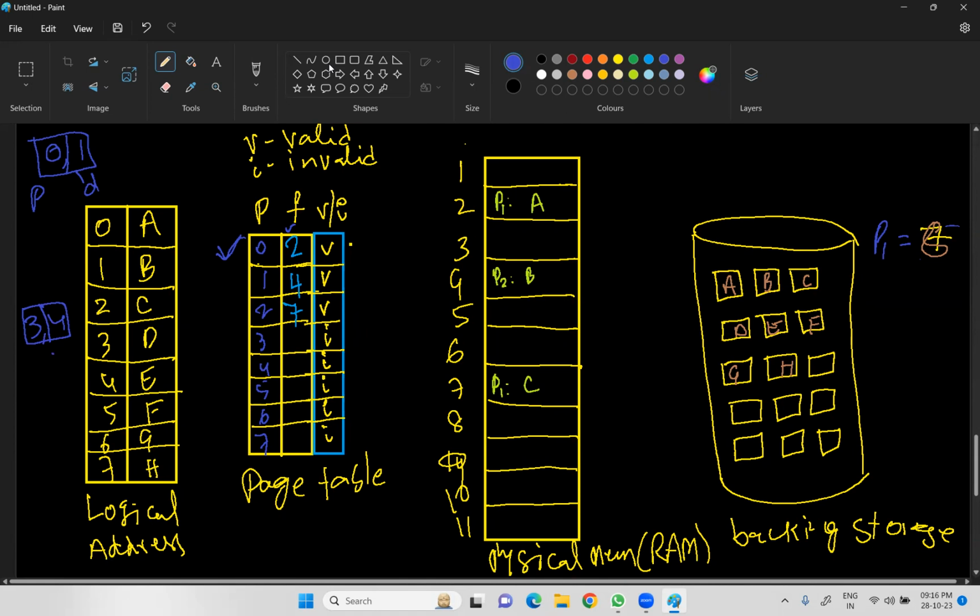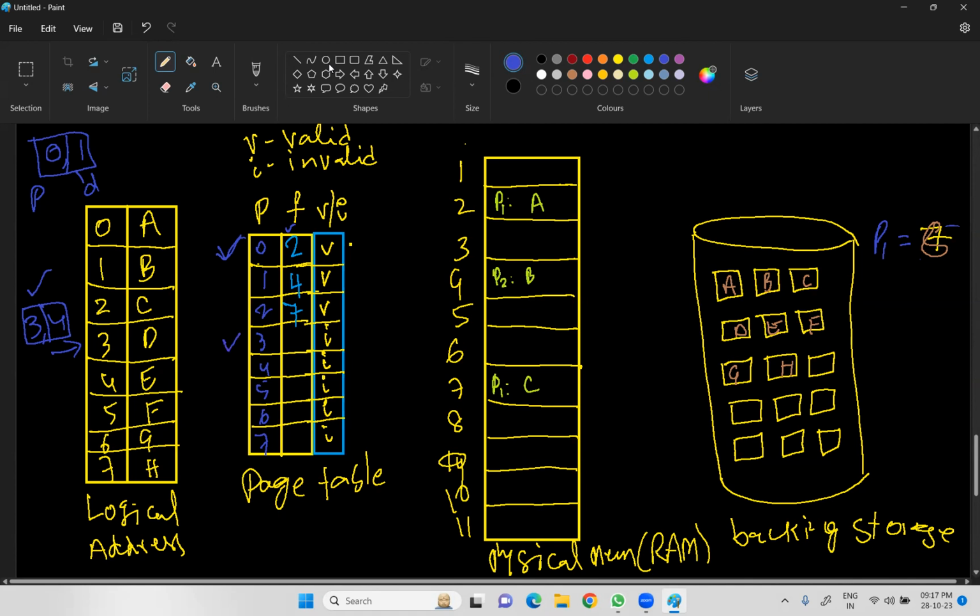So look at this. This particular 3 is available with D here in logical address. This is logical memory, specified something like this. Is the 3rd page available within the page table or not? Yes, it is available.